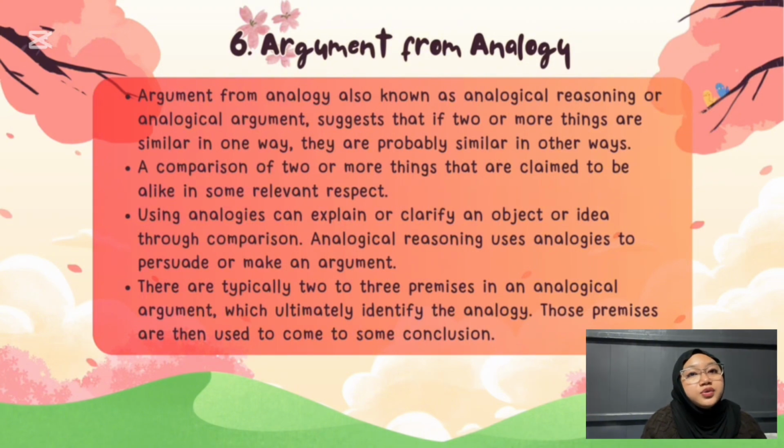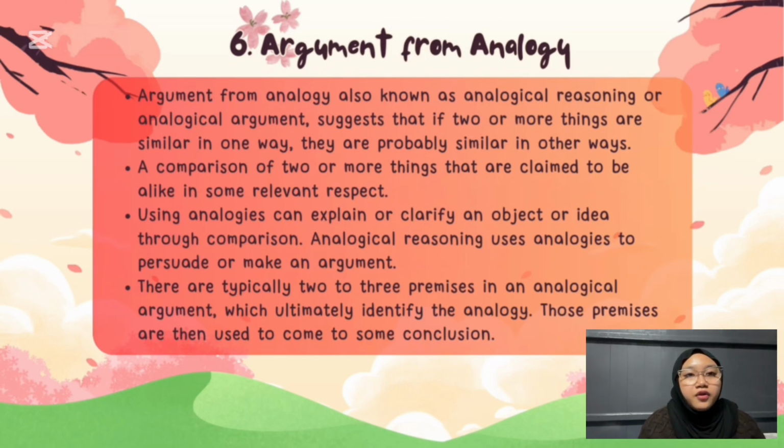By comparing two or more items, we can clarify or explain concepts, making them easier to understand. Analogical reasoning can be a powerful persuasive tool, helping us communicate ideas more effectively and compellingly.